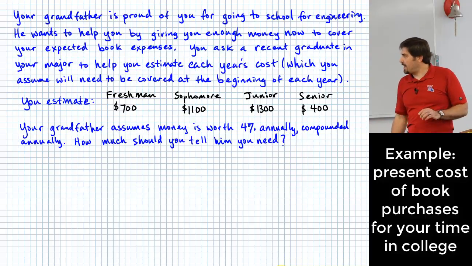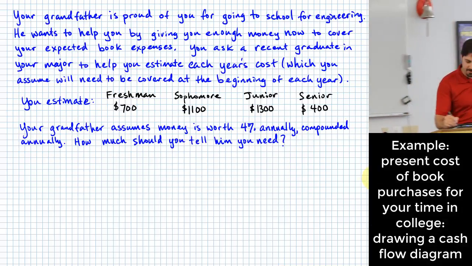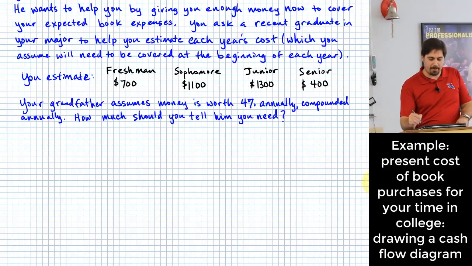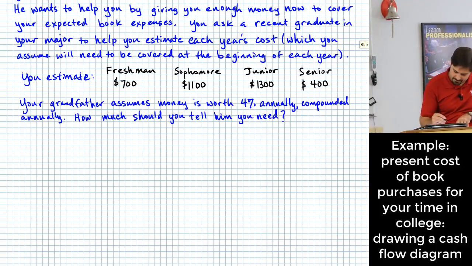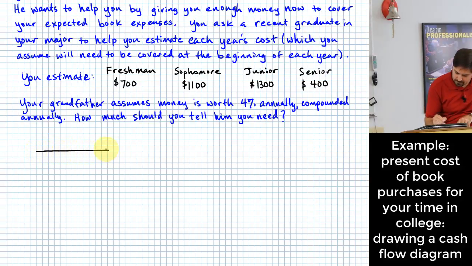We'll start with a cash flow diagram. What does this look like for a cash flow diagram for your pocket? First of all, we'll start with 0 here. And then we'll go to year 1. We'll go to year 2.